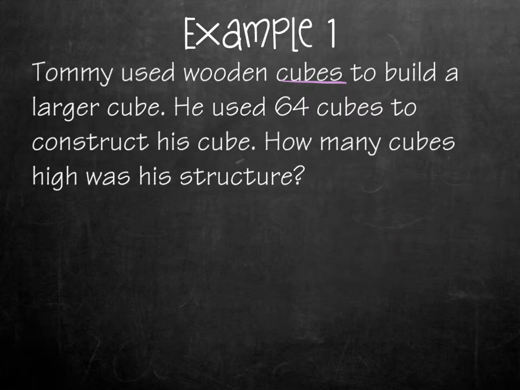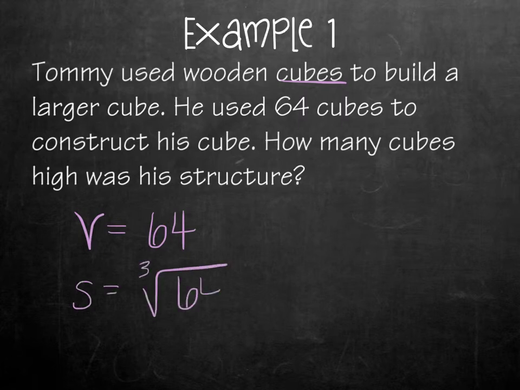Now, the thing with cube roots is you kind of just have to memorize them. If you're in doubt, I always tell students you can make your own little chart. What I need to know is that the volume is 64. So the side is going to be equal to the cube root of 64. And hopefully we've learned our cube roots. The cube root of 64 is 4.